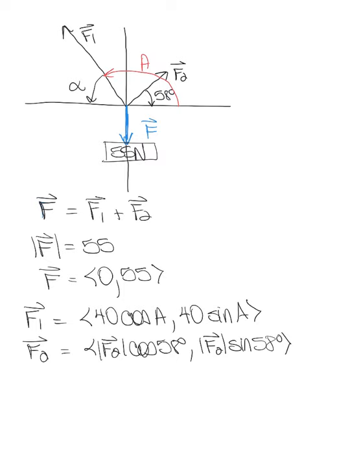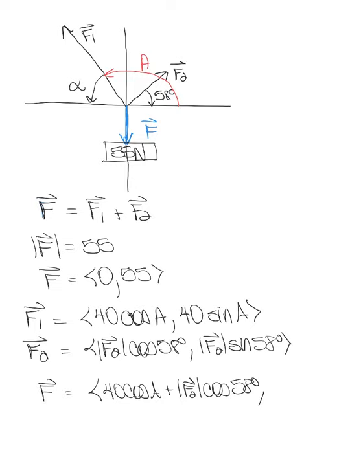Now, since these two vectors must sum up to give me my capital F, then I know that capital F would be the sum of these two. That is, the first component is going to be 40 cosine of A plus the magnitude of F2 times the cosine of 58 degrees.